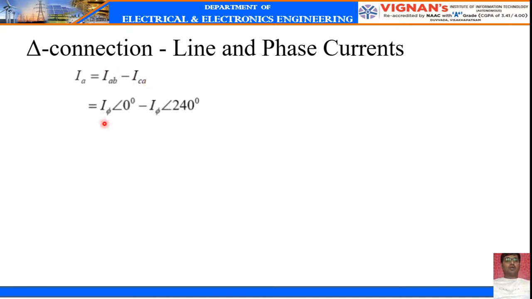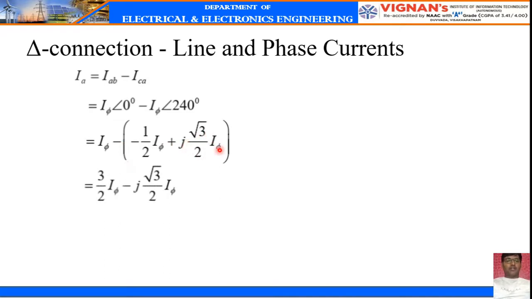In phasor form, IAB is I phase at an angle 0, that is the phase AB. Similarly, phase CA will be I phase at an angle plus 240. So IA is equal to I phase minus of minus 1 by 2 plus j into root 3 by 2 I phase.